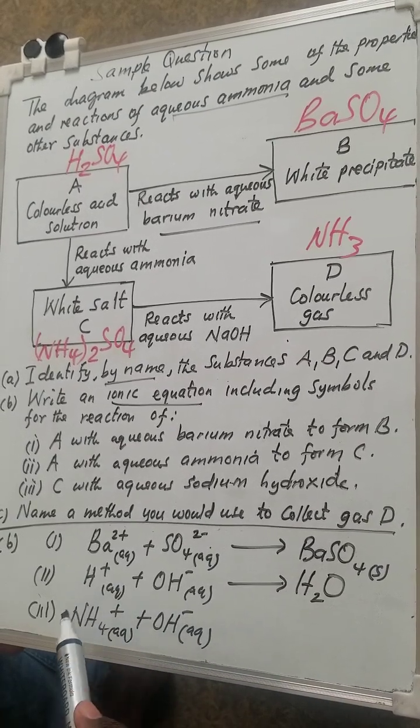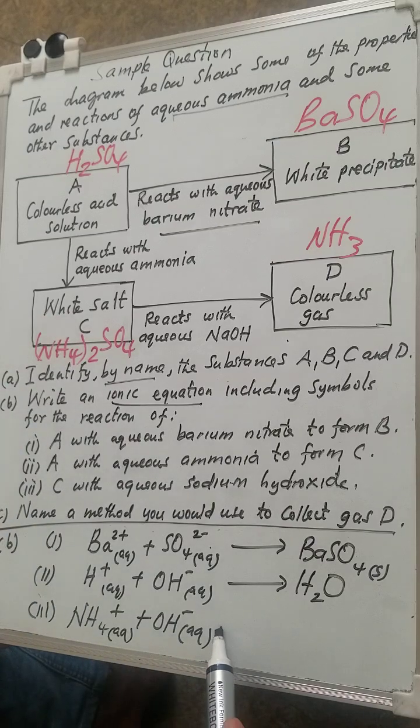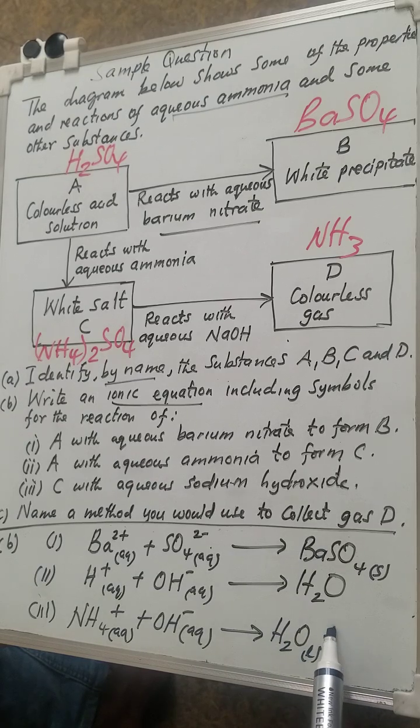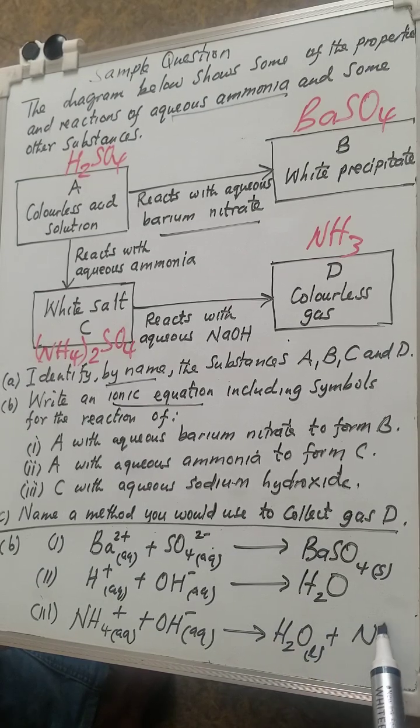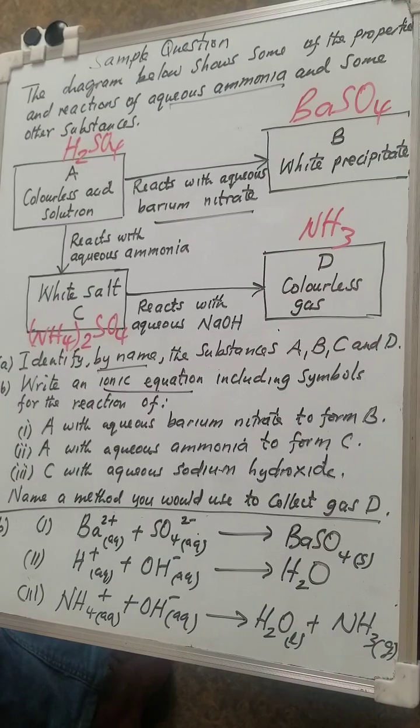Now when these two react, H2O in liquid form is produced, but at the same time ammonia gas is liberated. So these are the ionic equations that they wanted you to write in this exam.